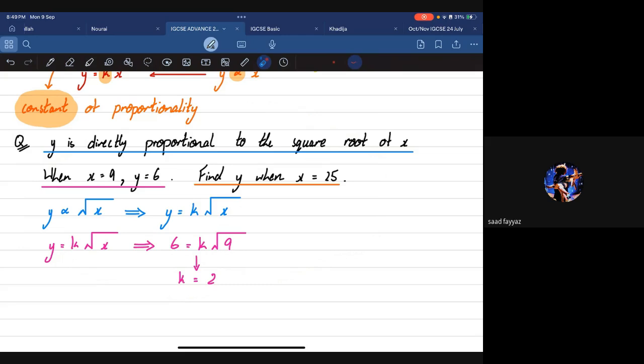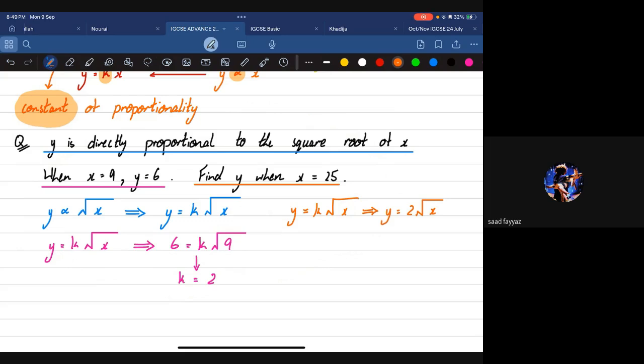So I can write y is equal to k root x, or even y is equal to 2 root x, because I can substitute the value of k. It remains 2 throughout this question because it's a constant.